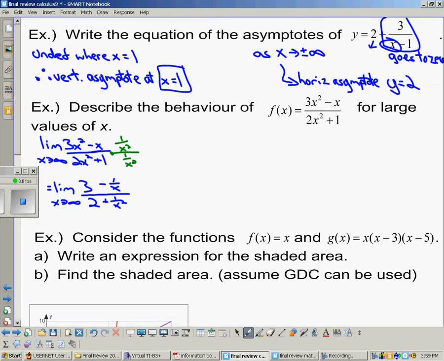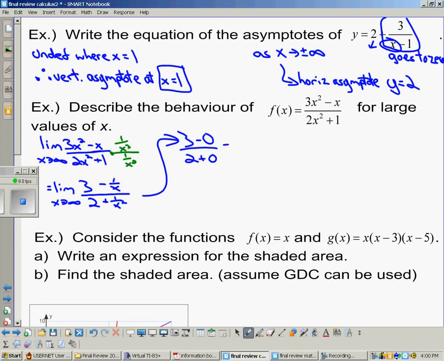Okay, dealing with this, we say, as x goes to infinity, 3 becomes 3. 1 over x becomes 1 over infinity, which is essentially 0. 2 becomes the number 2, plus 1 over infinity squared. Well, whatever that means is a very small number, essentially 0.